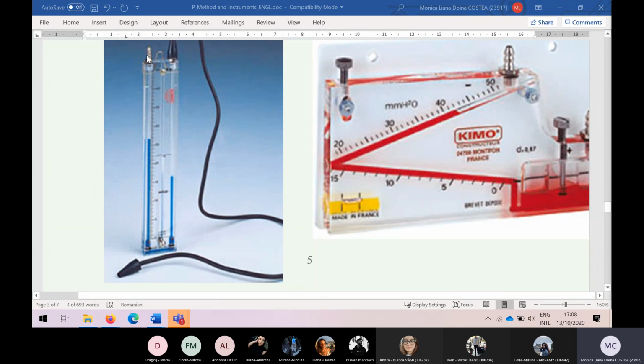So now it's clear that this branch is free, and this is connected to a medium. How does this operate, as a manometer or vacuumeter? Now you can answer us, Ioan, if you can connect. In the left, yes, this blue one, I think it is working as a manometer.